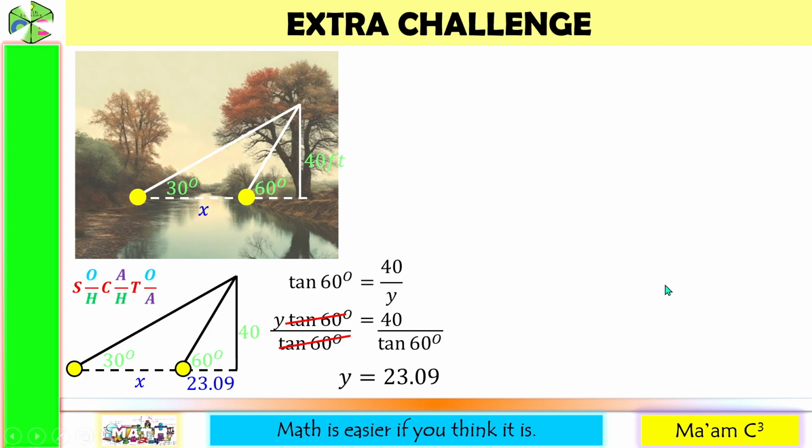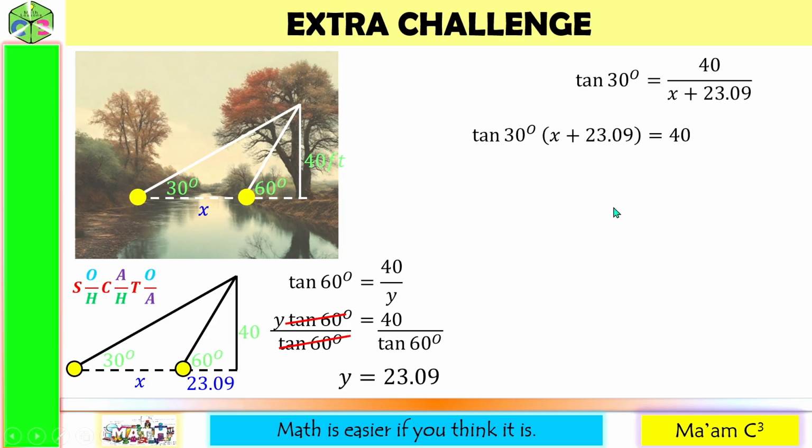Let me just erase this one. Next, I'm going to make use of this angle. This is still the opposite side, but the adjacent now is x plus 23.09. Tangent 30 degrees is equal to the opposite, 40, divided by the adjacent, that would be x plus 23.09. Let us do cross multiplication. Distribute tangent 30 degrees here.